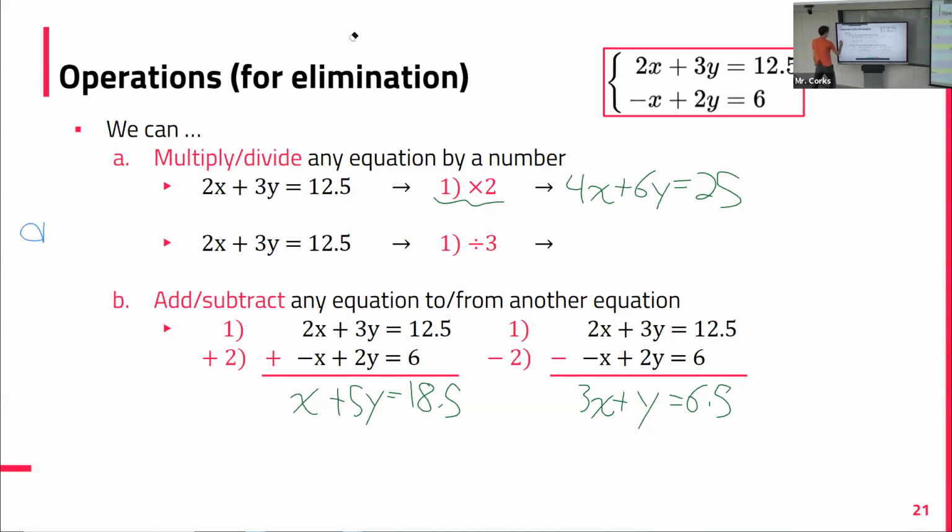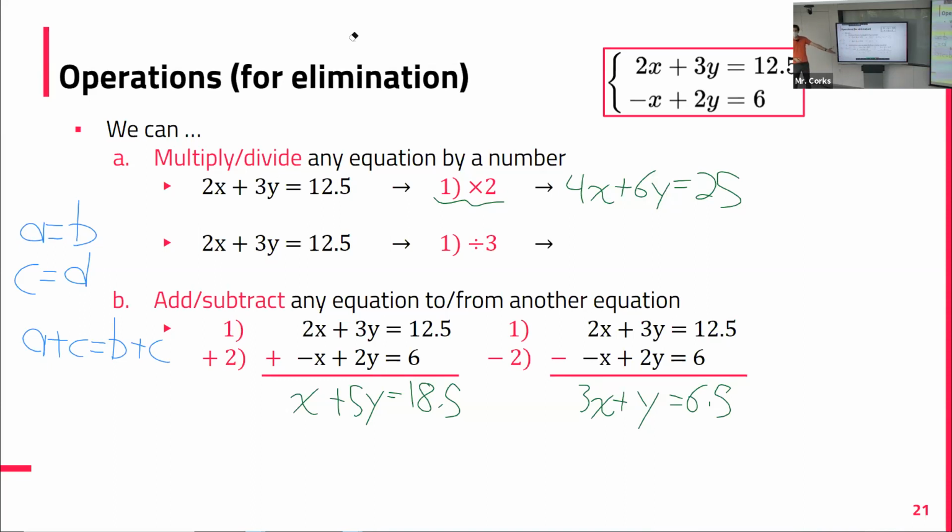Let's say we have two equations. One equation is A equals B, and a different equation is C equals D. I'm going to take the first equation, A equals B, and add C to both sides.